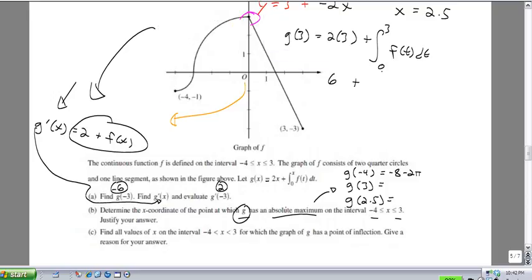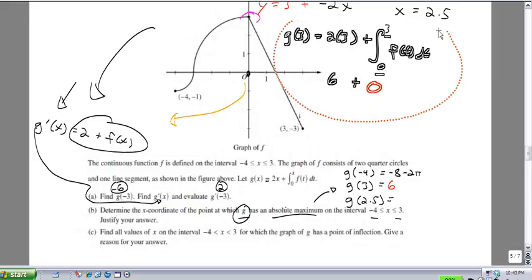From 0 to 3, there is 0, there is 3. That's positive area, because you're going left to right. That's negative area. We said they canceled out, so 6 plus 0, that's just 6. And then 2.5. 2.5 says g of 2.5.